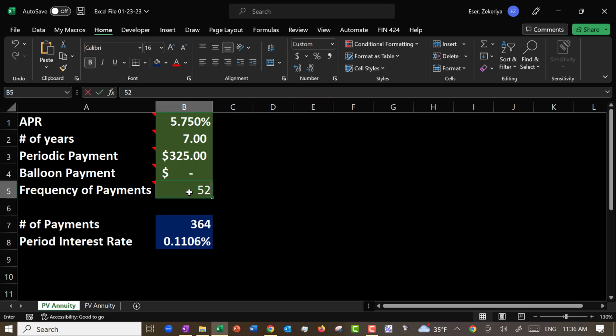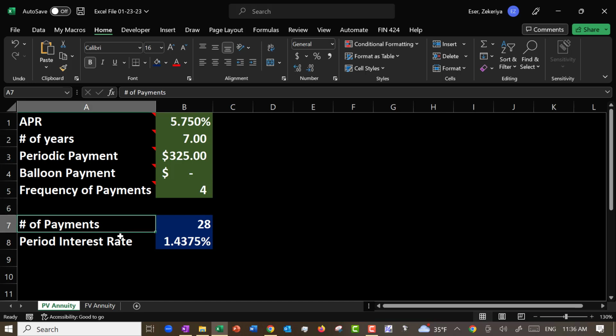So if this was quarterly, in a 7-year loan, you have 28 payments, and each quarter the interest rate is 1.4375%. All you have to do is change the inputs. I'm not going to write notes here. You got the idea of writing the notes. When you're done with this, you can write your own notes.